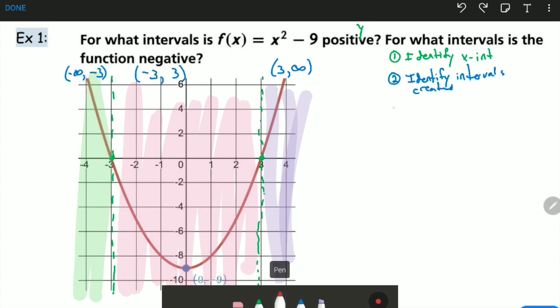And then the last thing we have to do is identify which ones are positive and which ones are negative. Okay. So positive and negative refers to the y values.